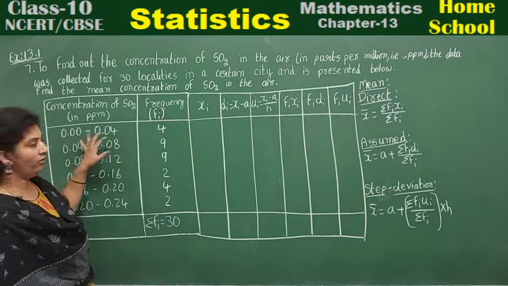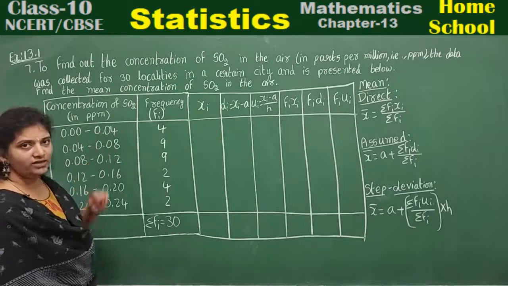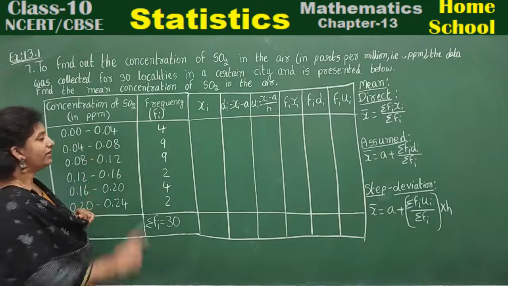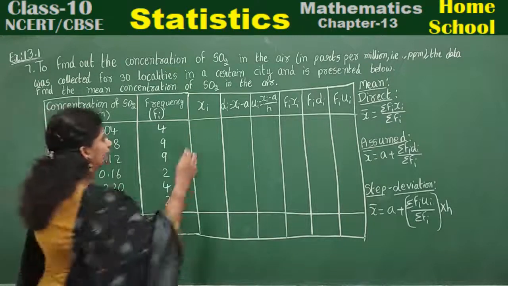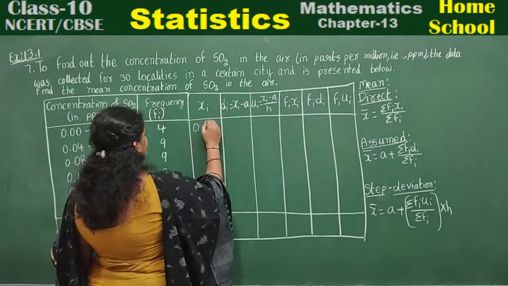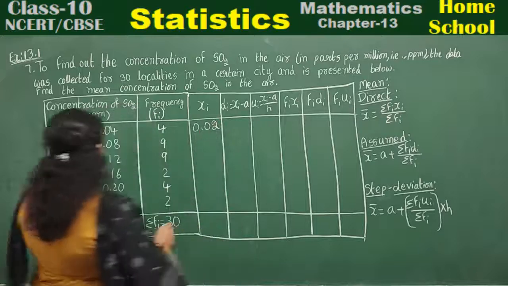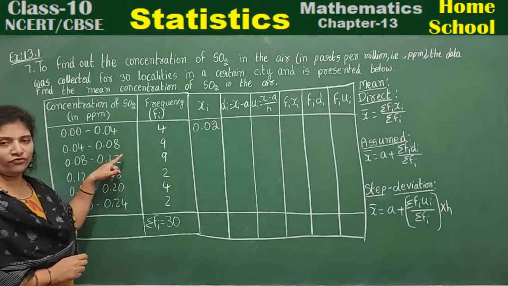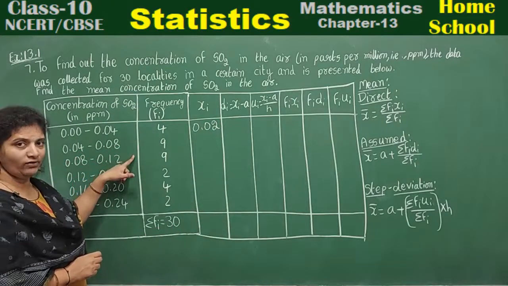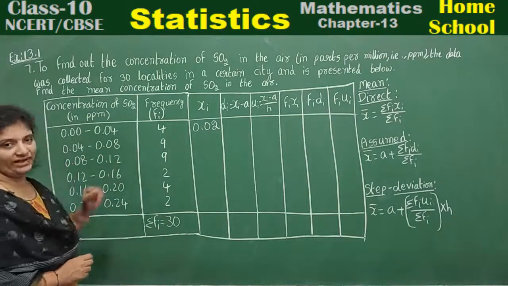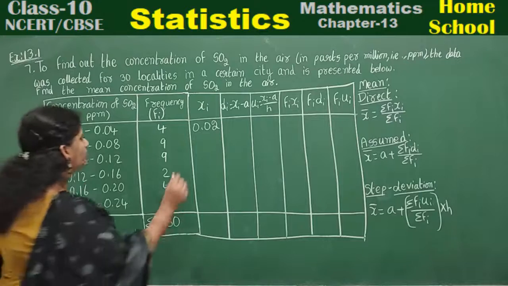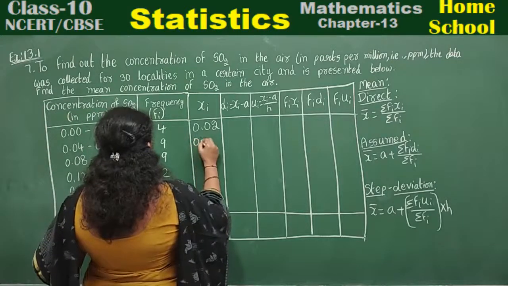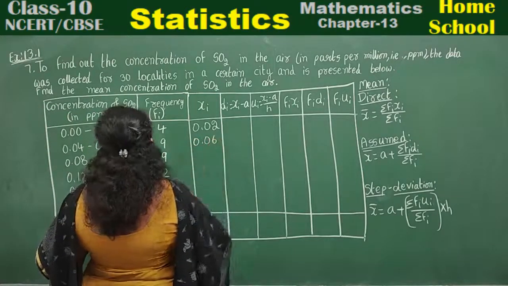0.00, 0.04, if you add, 0.04 will be there. Divide by 2, 0.02. Similarly, add this 0.04 and 0.08, if you add, what happens? 0.12. 0.12 divide by 2, 0.06.